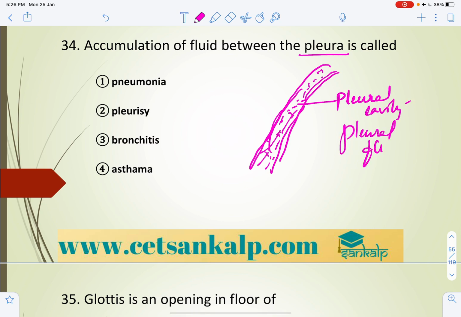This pleural fluid acts as a lubricant and helps in lubrication, and along with that it also avoids the friction between two layers, the parietal pleura and visceral pleura, when movement takes place.